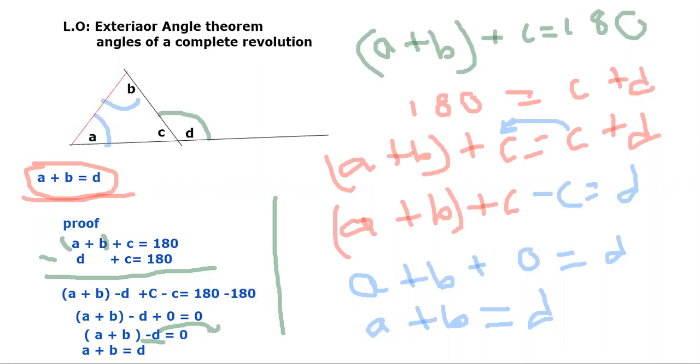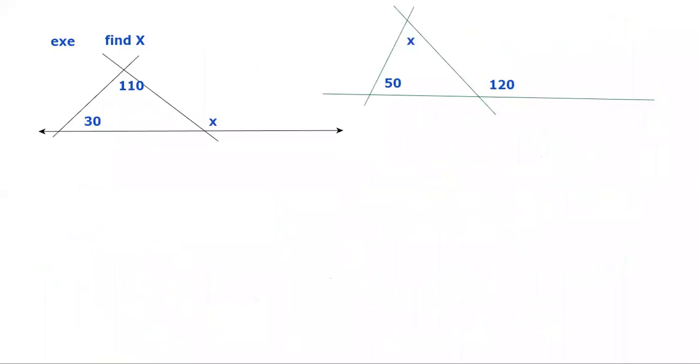Let's go to the next thing here and solve some exercises. We know that this is the A, this is the B, and this is the D. And they ask you to find D. Instead of writing 30, I'll start step by step.